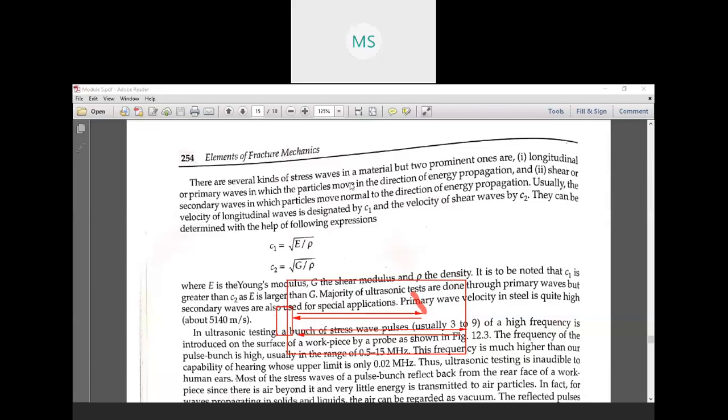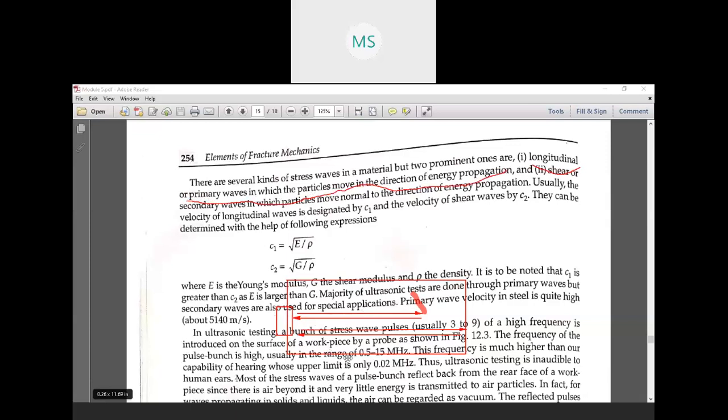There are several kinds of stress waves in a material, but two are prominent. One is the longitudinal wave, also called the primary wave, in which the particle moves in the direction of energy propagation.